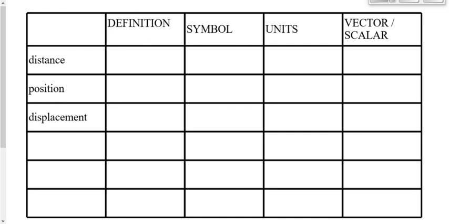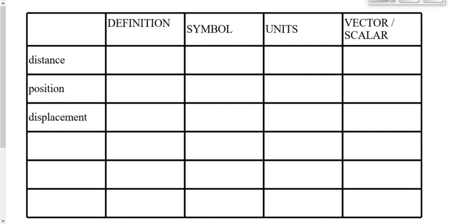We got 3 terms: distance, position, and displacement. We want to define each of those terms. We want to tell what each of those terms mean. We want the symbol for each of these terms. In other words, how are we going to represent them?